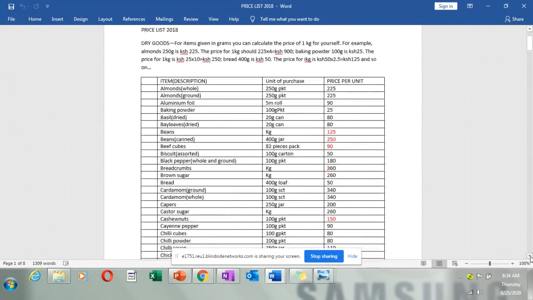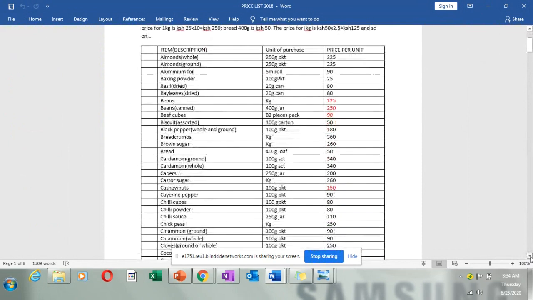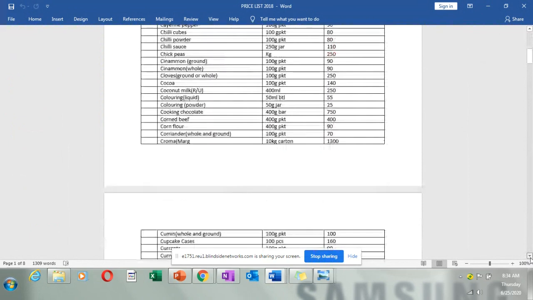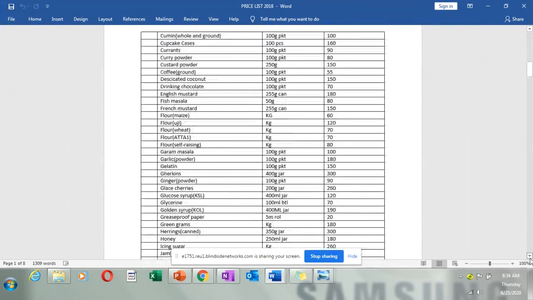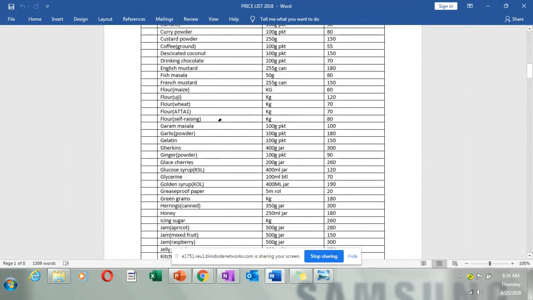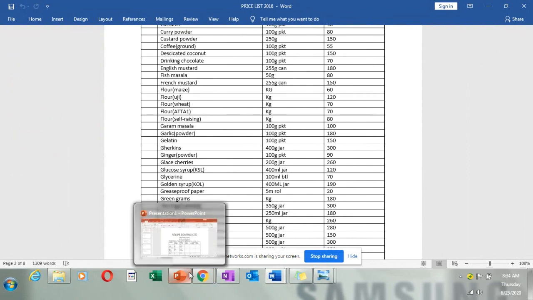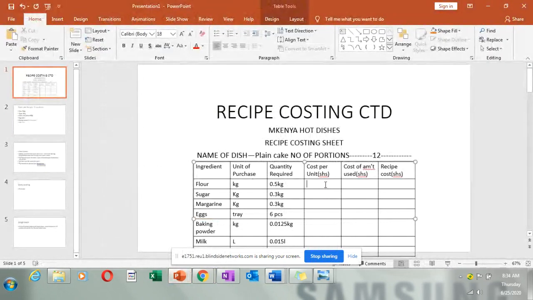So we are going to look for these things here. Kuna flour. There you have flour. Kuna wheat flour, 1 kilogram at 70 shillings. So we go back and post flour 1 kg is 70 shillings.